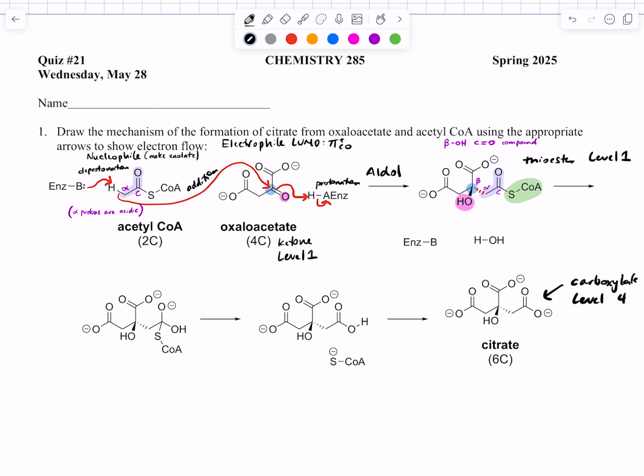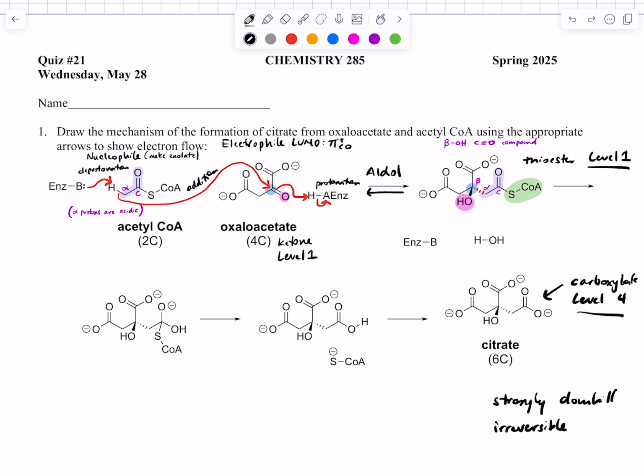So already, even if you don't know whether the aldol should be in equilibrium or not, and it actually is, the aldol step is reversible. However, going from level 1 to level 4 should be strongly downhill. And in fact, this first step is irreversible.